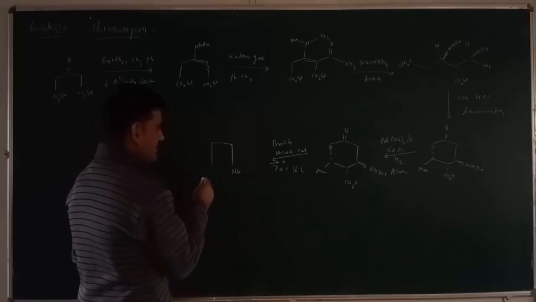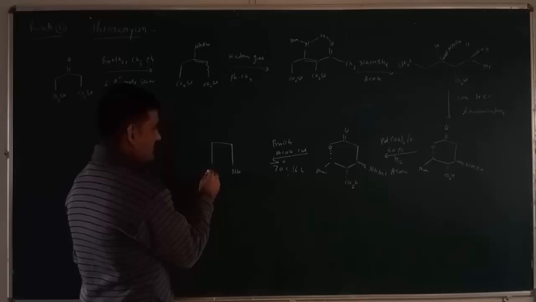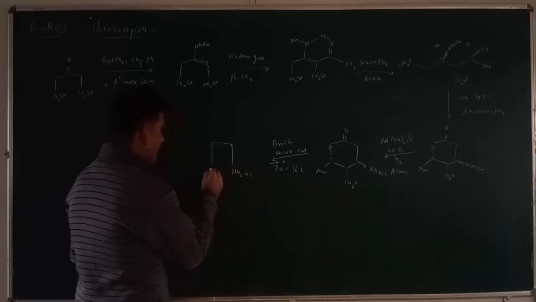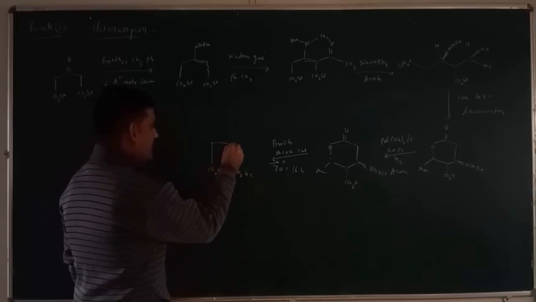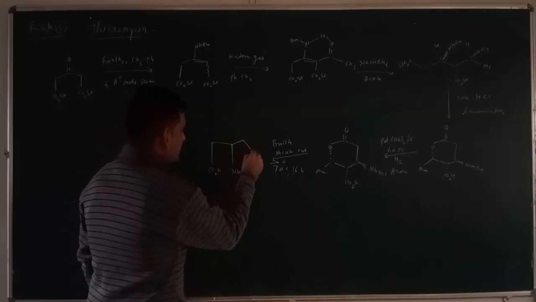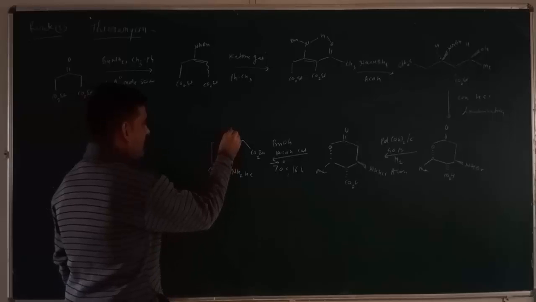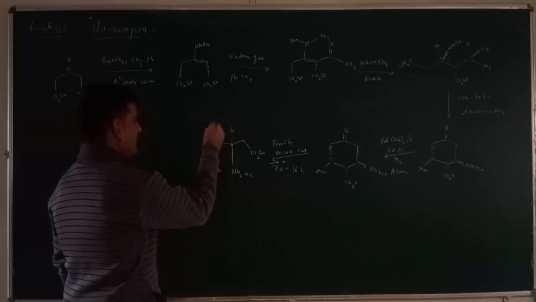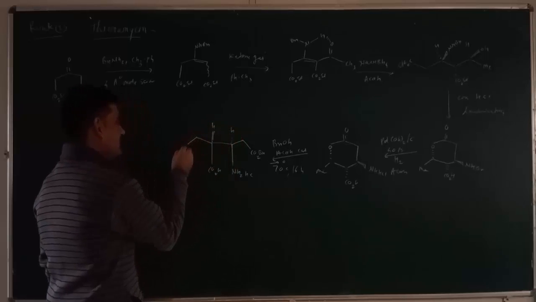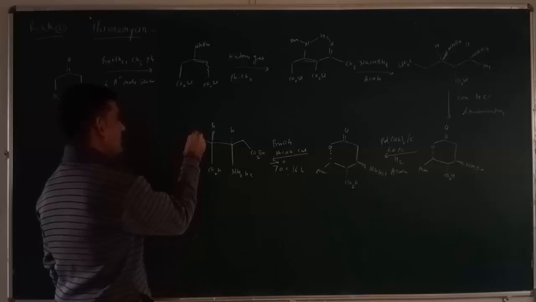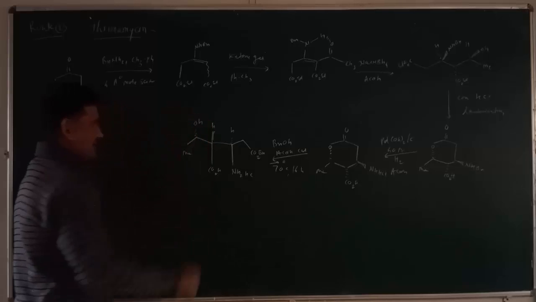Here is NH, here is NH2, here is CO2H, and here is CO2Bn, and this is the hydrogen below the plane, this is the hydrogen above the plane, and here is the methyl group and the hydroxyl group, right?